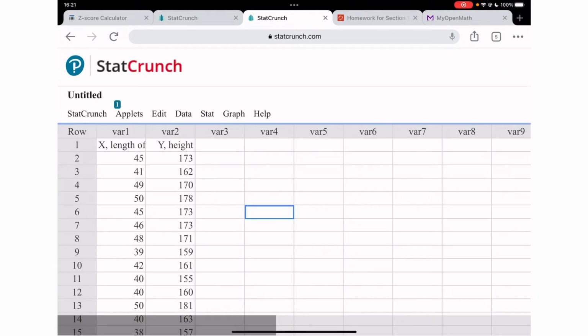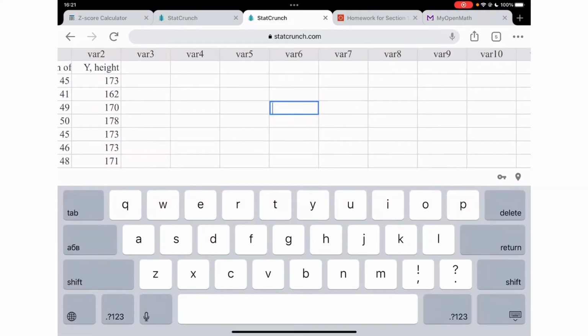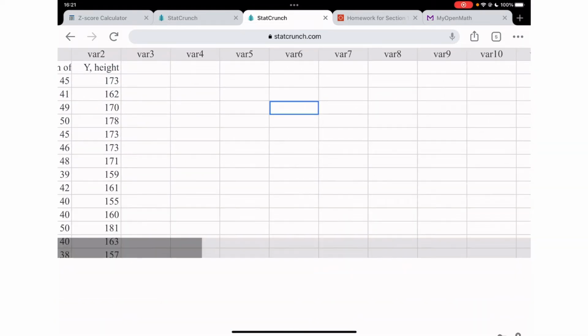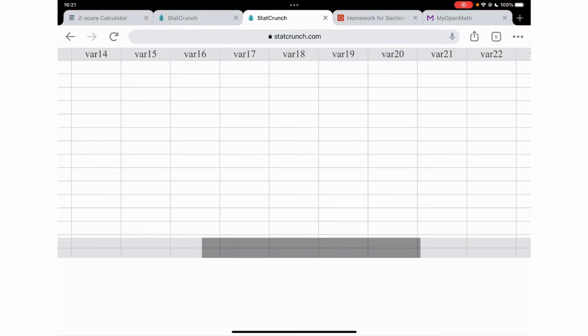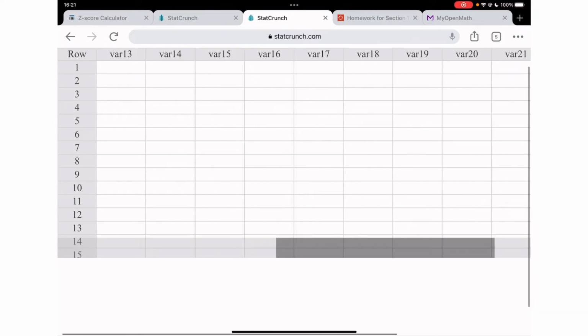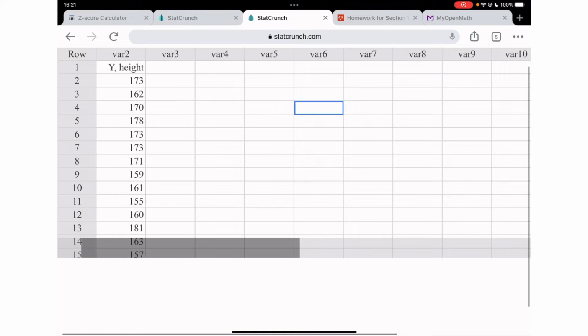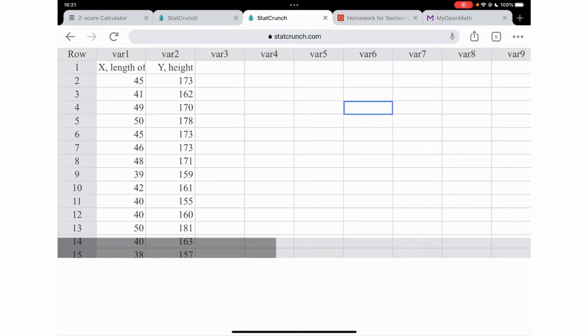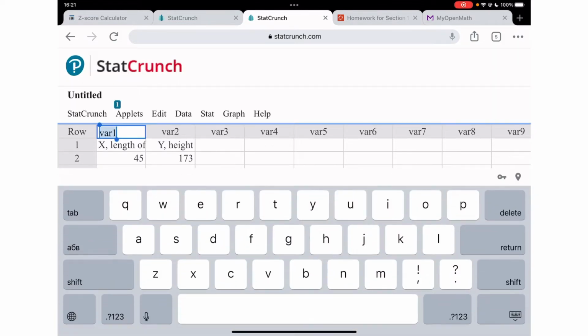I thought the title would carry over, but it didn't. Let me fix this. Variable 1 is x, which is our length.